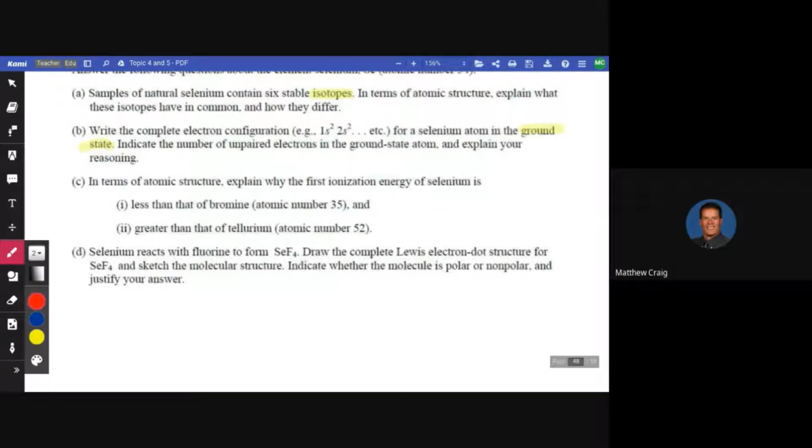So selenium is element number 34. So 1s2, 2s2, 2p6, 3s2, 3p6, 4s2, 3d10, and 4p4.